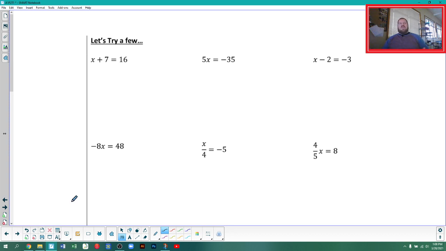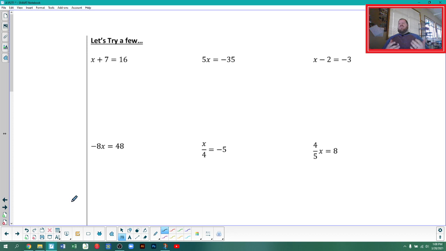The reason teachers want you to show your work is that eventually it's not going to be that easy. In a more complex equation, which we'll get to in the future, you're not going to be able to just think about it from the very first step.